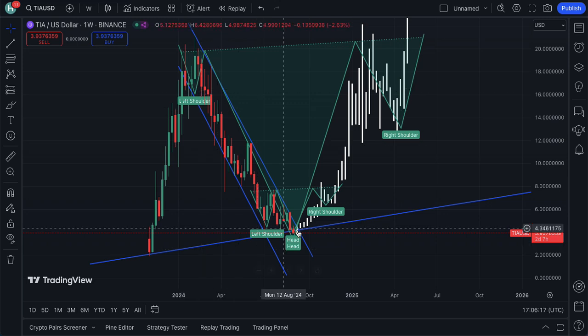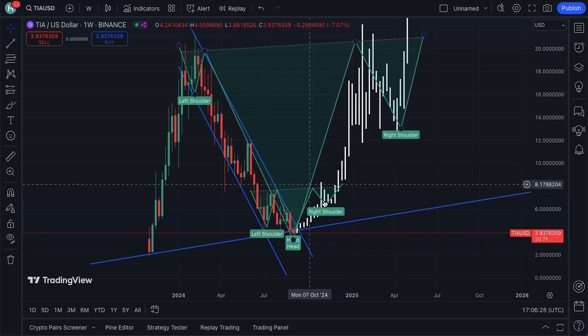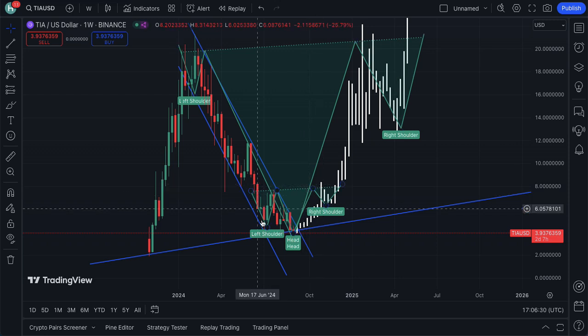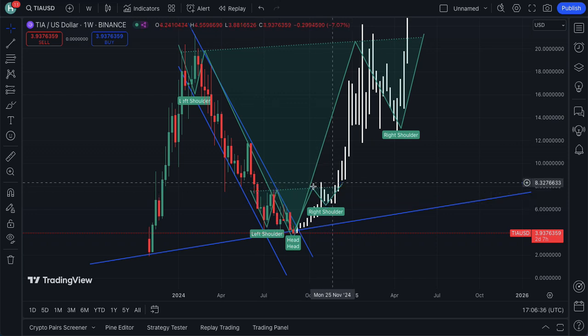I think we're on the cusp of breaking out sooner than later, and once we break out, we will test these prices of around $7-8. Maybe we'll correct a little bit, and that's how we're going to make a reverse head and shoulders. And once we break out of this, we can start touching all-time highs of around $20.